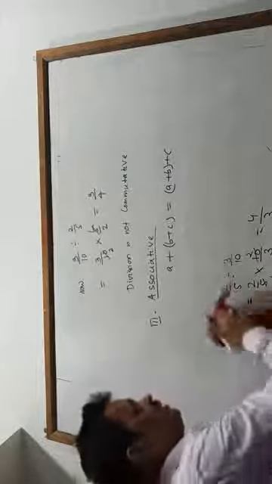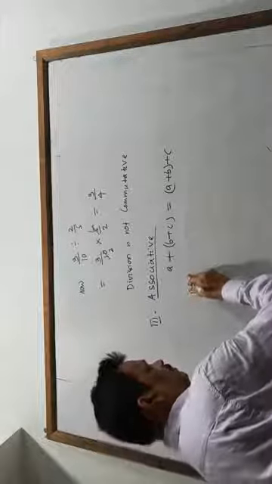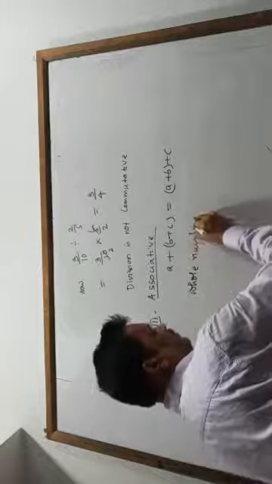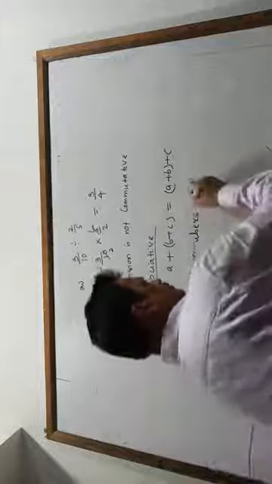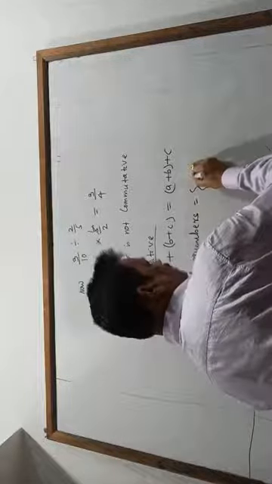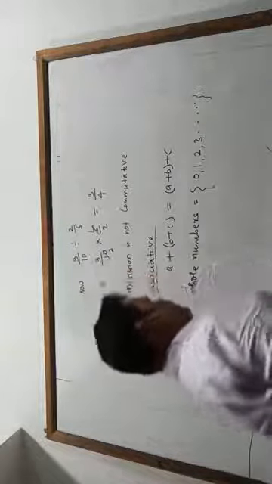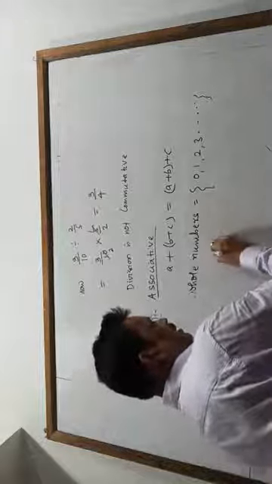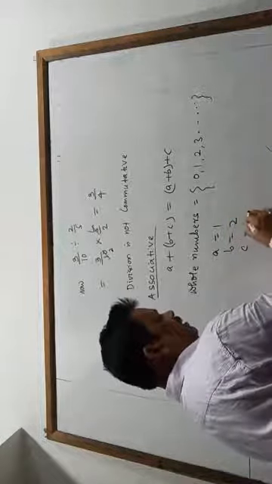Okay, first we will start with whole numbers. Whole numbers means zero, 1, 2, 3 like this. You choose anything for A, B, C. Suppose A is 1, B is 2, C is 3.